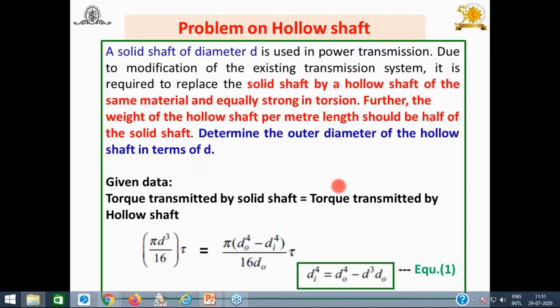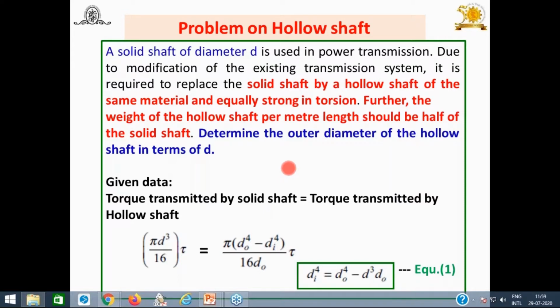Further, the weight of the hollow shaft per meter length should be half of the solid shaft. Determine the outer diameter of the hollow shaft in terms of small d. You can read the problem statement carefully. For that purpose, you can spend more than 2 or 3 minutes.